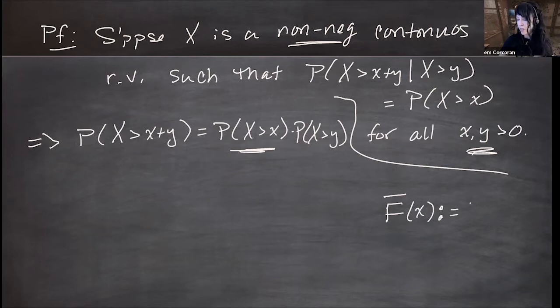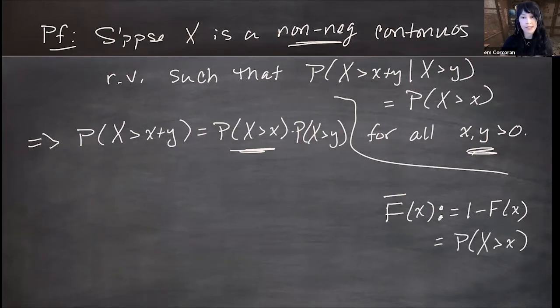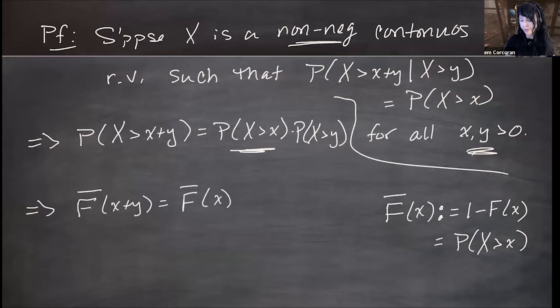This is defined to be 1 minus the CDF, which is the tail probability that X is greater than x. And using that notation, over here on the left, we've got capital F bar of x plus y equals capital F bar of x times capital F bar of y.